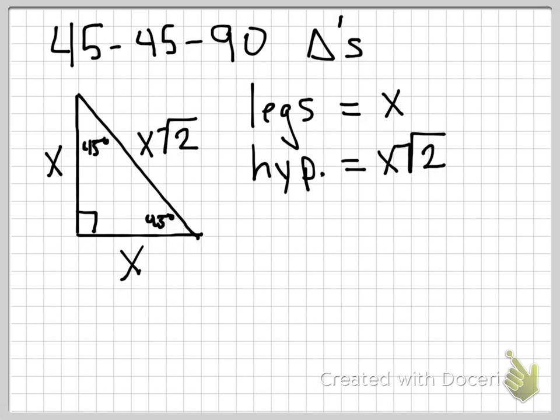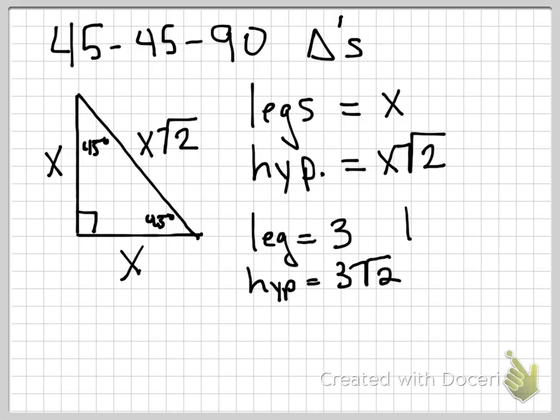So if I say that the leg equals 3, then the hypotenuse is 3 times the square root of 2. If I say that the leg is 19.6, the hypotenuse is equal to 19.6 times the square root of 2. And I ran out of space, so let's back up.